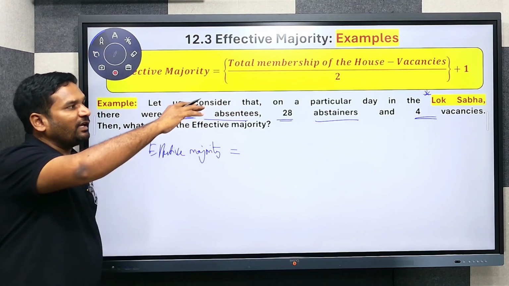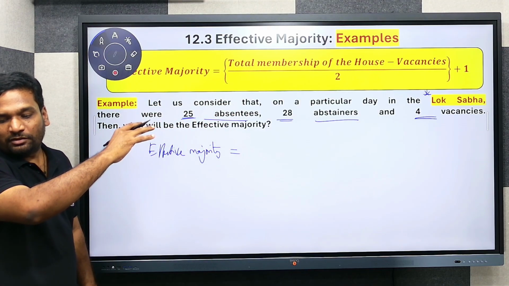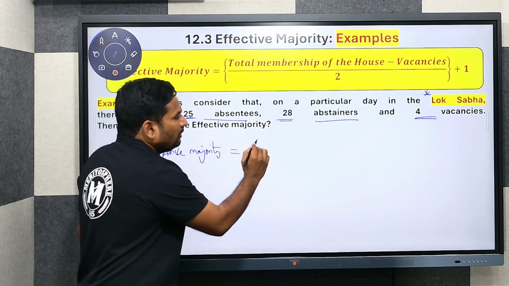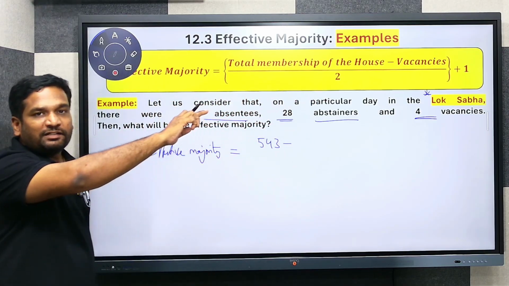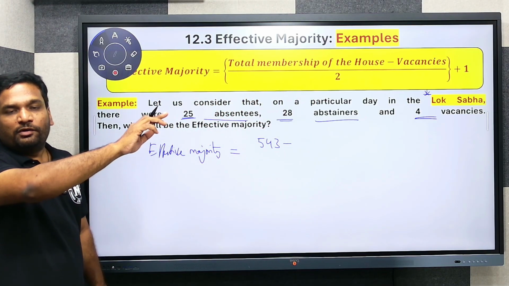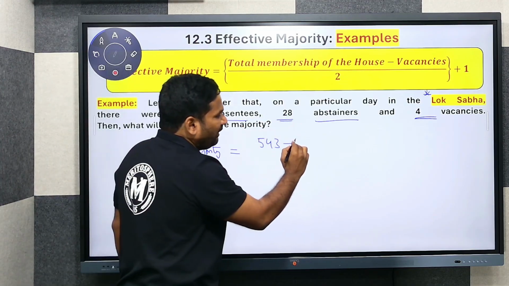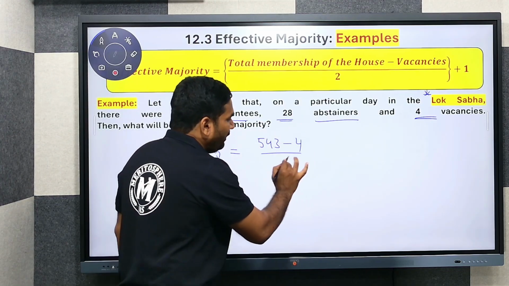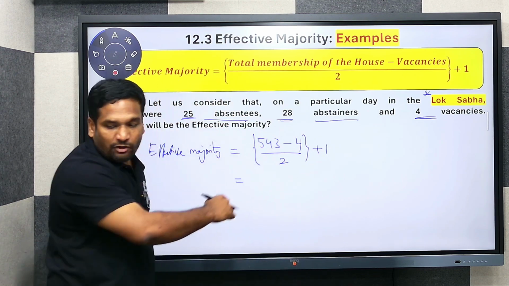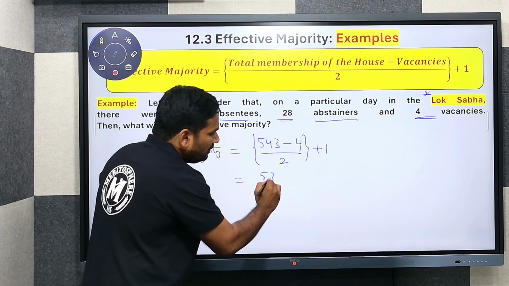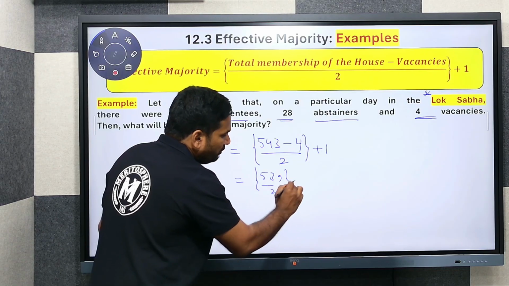For the Lok Sabha, the total membership of the house is 543 minus, do we have absentees and abstainers in the numerator? No, we have only vacancies, and the number of vacancies is 4 here. So 539 divided by 2, plus 1.